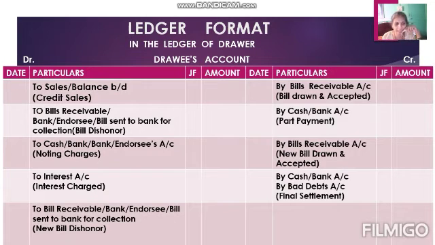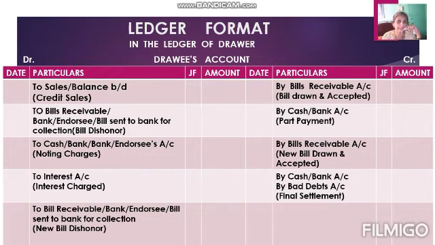For endorsing the bill, endorsee's account debit to bills receivable account. And for bill sent to bank for collection, the entry is bill sent to bank for collection account debit to bills receivable account. So here drawee's name is not there, and as drawee's name is not there, there will be no posting in drawee's account for options used by drawer.